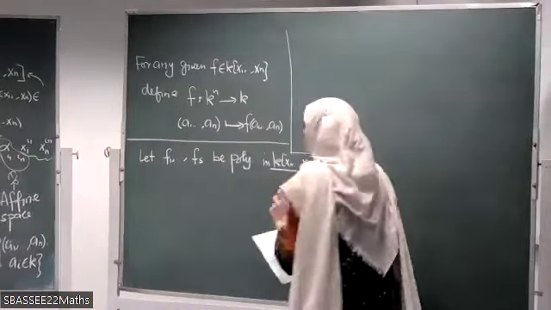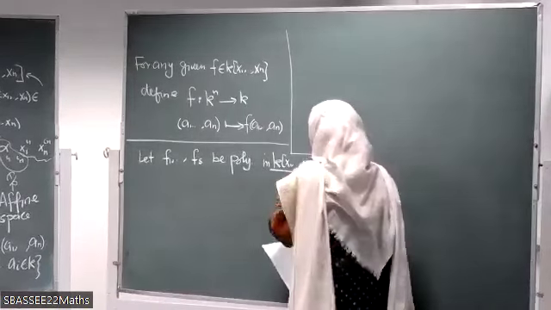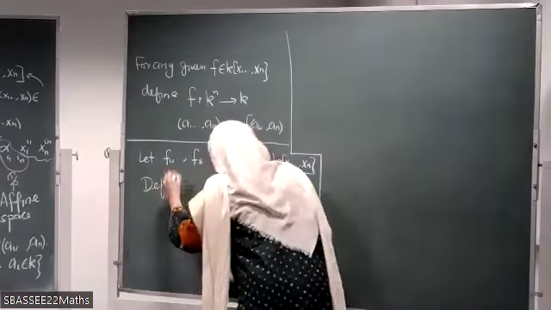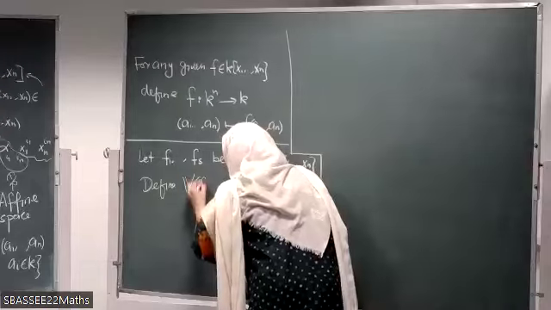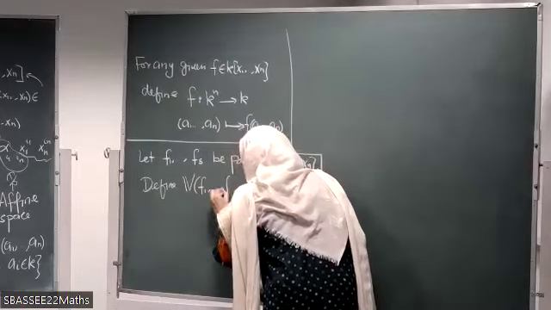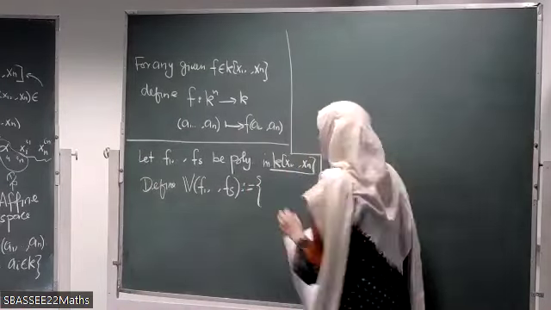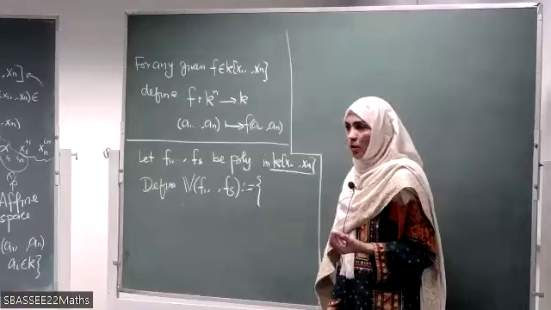Okay, so if you have chosen some finitely many polynomials in this ring, then we can define this one. So let me first write this notation, and this is defined. This is nothing but the solution of these polynomials, or the zero set of these polynomials.